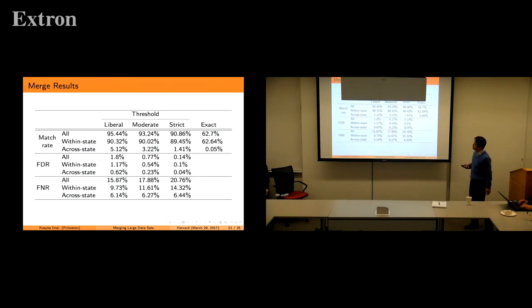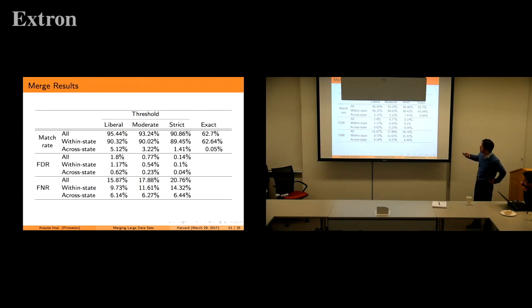Okay, so here is the results. So this is, I'm breaking down by within state and across state. So we were able to match, remember, it's 2 time periods of the voter file. So we are able to match about 90% of voters. We found them in the same state in the following year in the voter file.